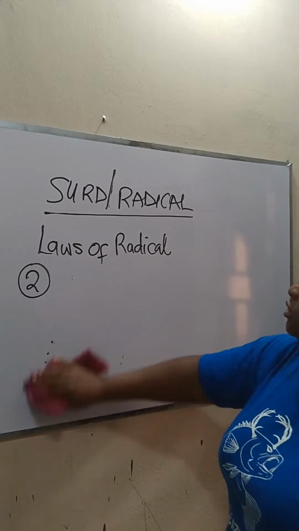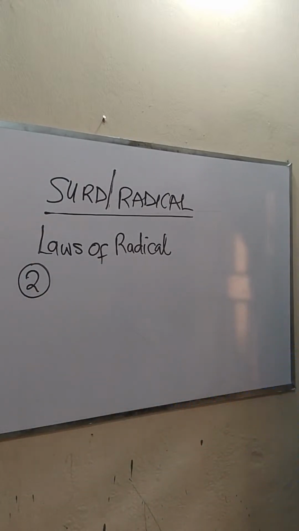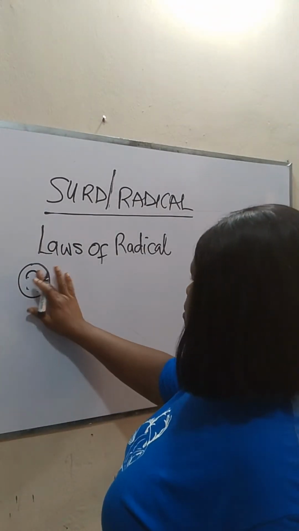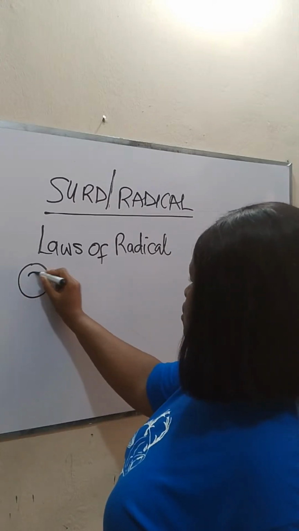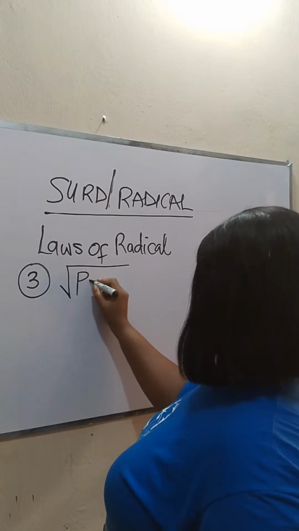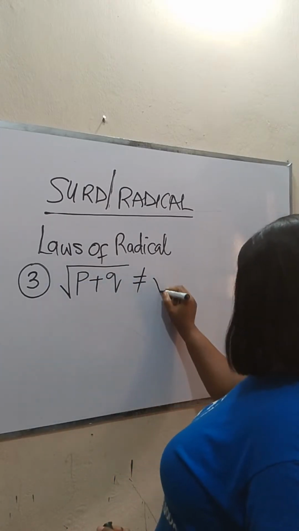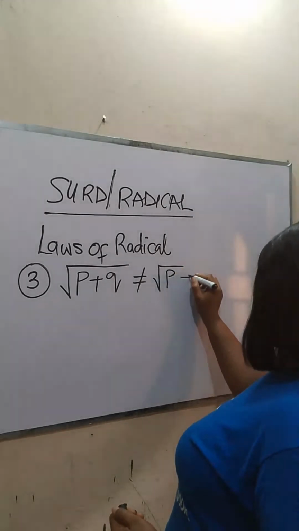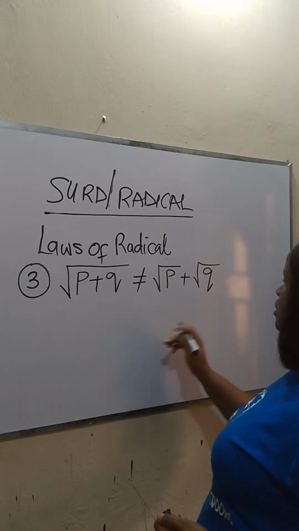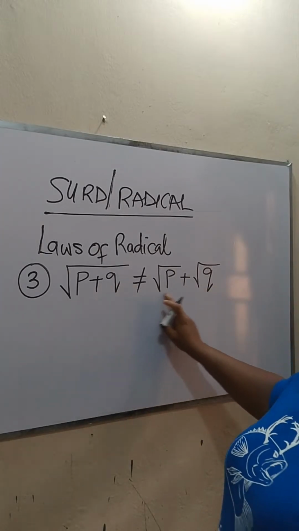Let's talk about the third law. The third law says that square root of p plus q is not equal to square root of p plus square root of q. It is as simple as that.